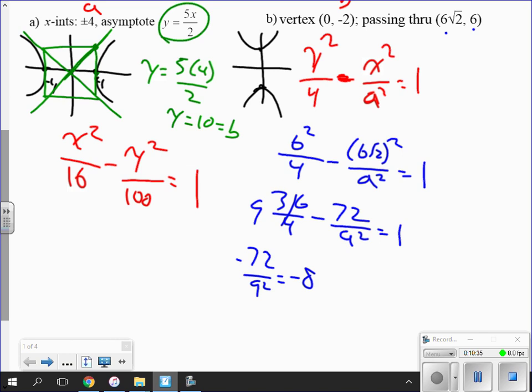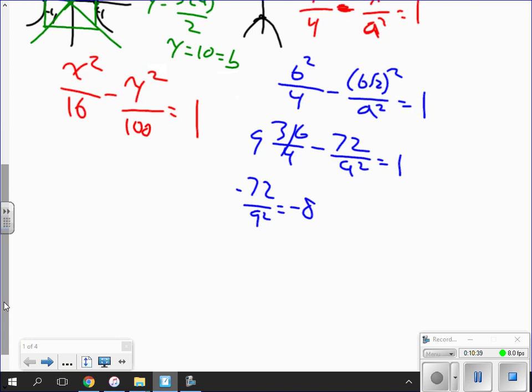Here's what's really cool. I love this because this is a proportion. All I have to do is put this over 1 and look what I have. I have a proportion. And when you have a proportion, you can swap the extremes or the means. You swap the diagonals. So I swap the negative 8 and the a squared. That gives me negative 72 over negative 8 is equal to a squared. You can swap diagonals if you have a proportion.